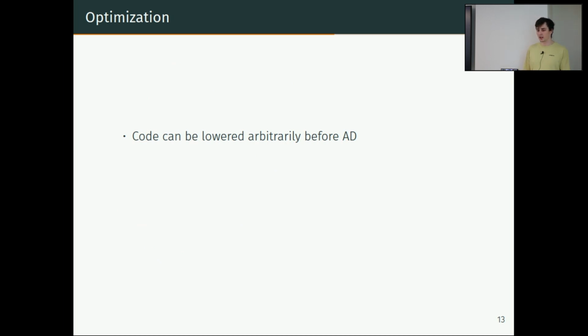And next, we will talk about possible optimizations. So, of course, in MLIR, you can start at a high level, but lower down arbitrarily. This can be done for our codes where you can arbitrarily lower to a certain dialect if that potentially increases your performance. Then we can also, as mentioned before, optimize our code before we run automatic differentiation.